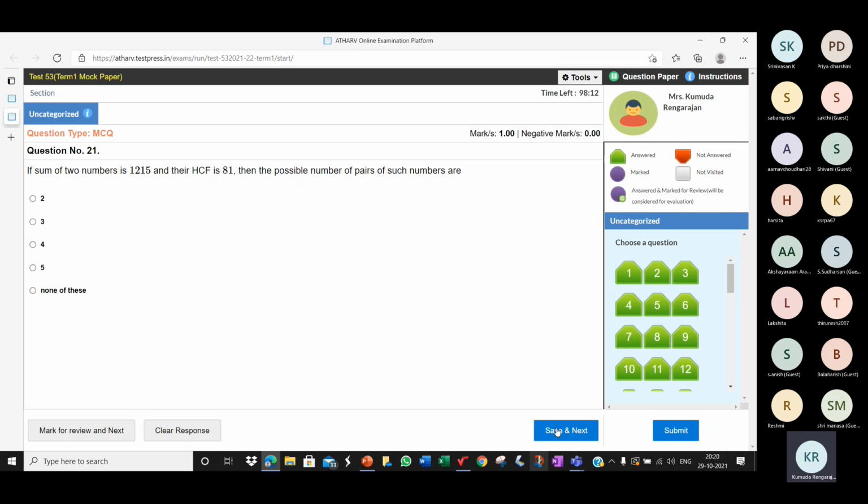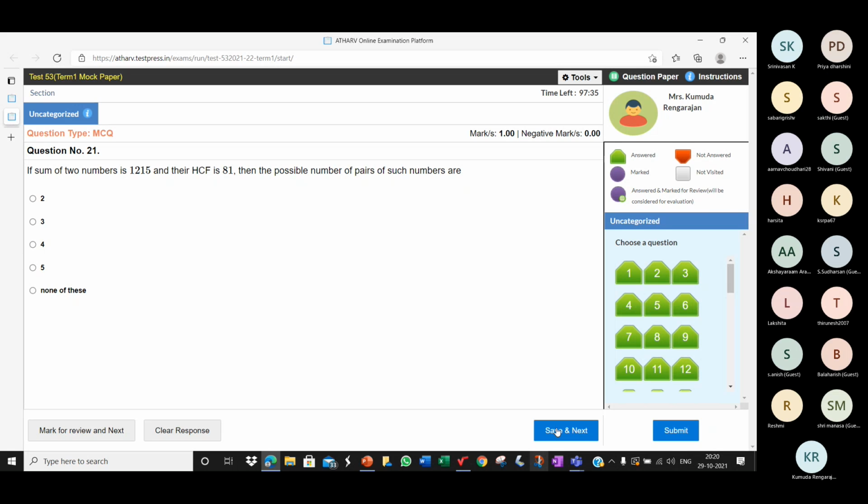Now read this. If the sum of two numbers is 1215 and their HCF is 81, the two numbers are 81x and 81y. Is that correct? Agree, disagree? Class, am I audible?